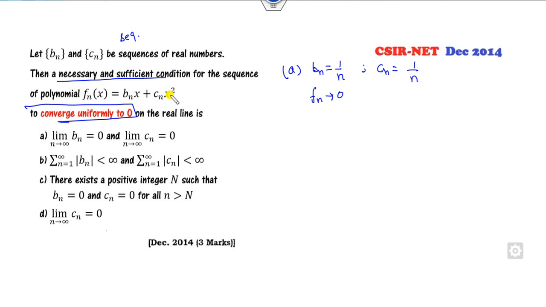Because this is x square, I can choose Cn as x square. So take x as n. So what is the fn? Fn is 1 plus 1, which goes to 2, which does not go to 0. First option is cancelled. If this is cancelled, then the third is also cancelled. Fine, because in this case the limit of Cn goes to 0.